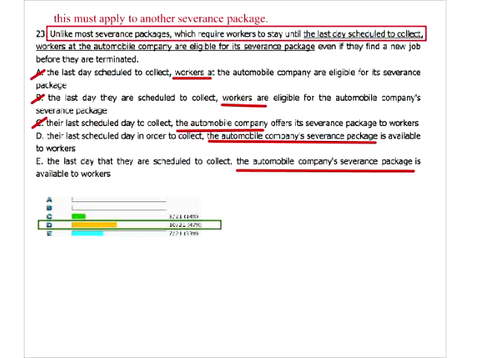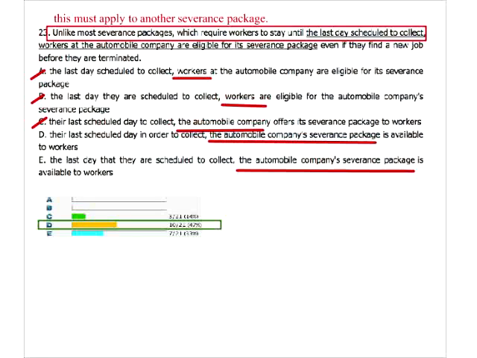The apostrophe S is a descriptive adjective. So this is the package, and this is also the package. So the only choices with a modifier that works are D and E. Does this make sense? Smiley face if it does.